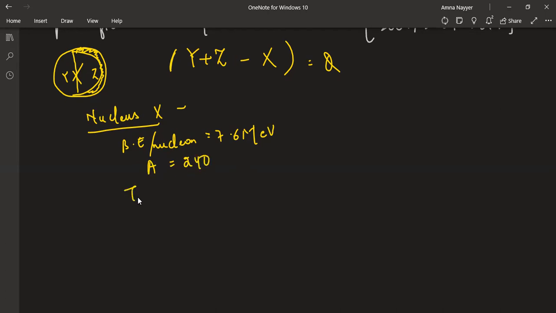So total binding energy of X will be 240 multiplied by 7.6 mega electron volt.